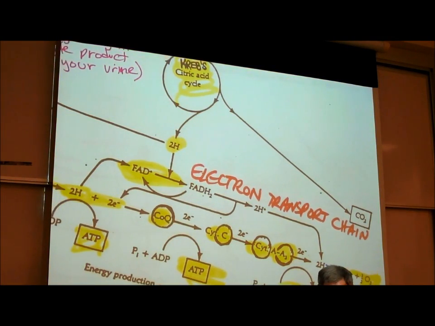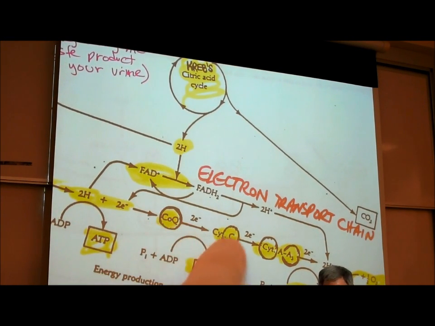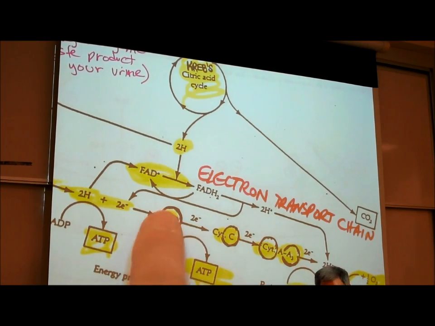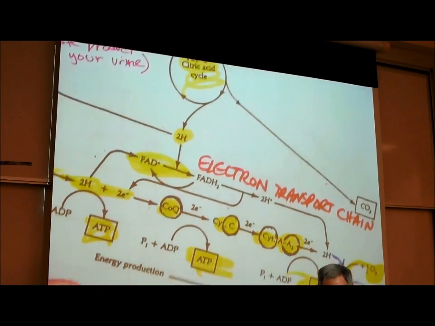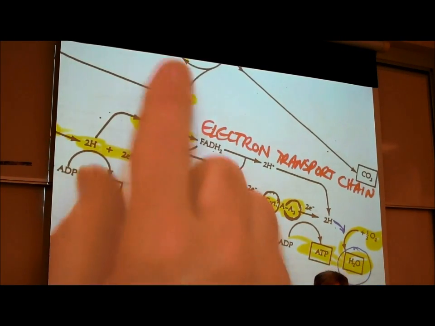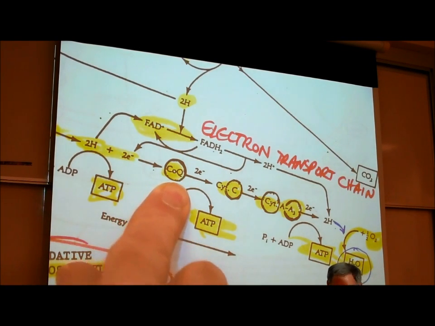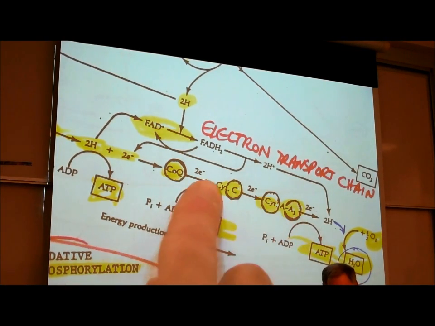You'd say, I don't know where you are right now, I'm all lost. Let me help you. You see these things I circled? That's that row of coenzymes. Didn't we say there's a row of coenzymes, just like there's a row of people lined up in our hot potato game? And incidentally, what's the very first coenzyme in that row? Coenzyme Q10. All right? So here's this row of coenzymes.